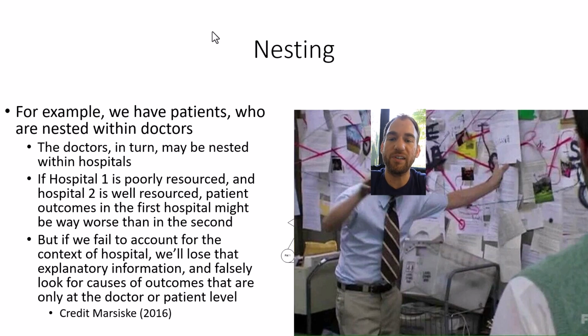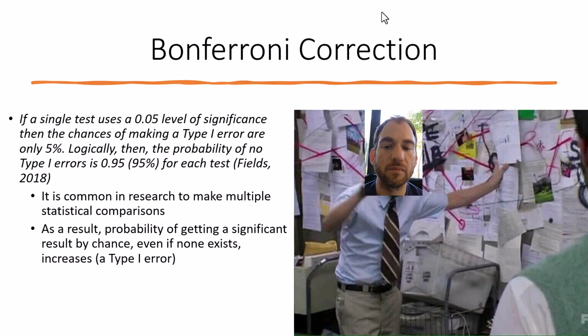So the point here is that you can at times believe that you're measuring individual differences between patients or any person, but instead people are actually nested. They are embedded within a particular context, in this case, a hospital. So really the differences between these patients are being driven by the quality of the hospital, not their individual differences. So this is referred to as nesting.